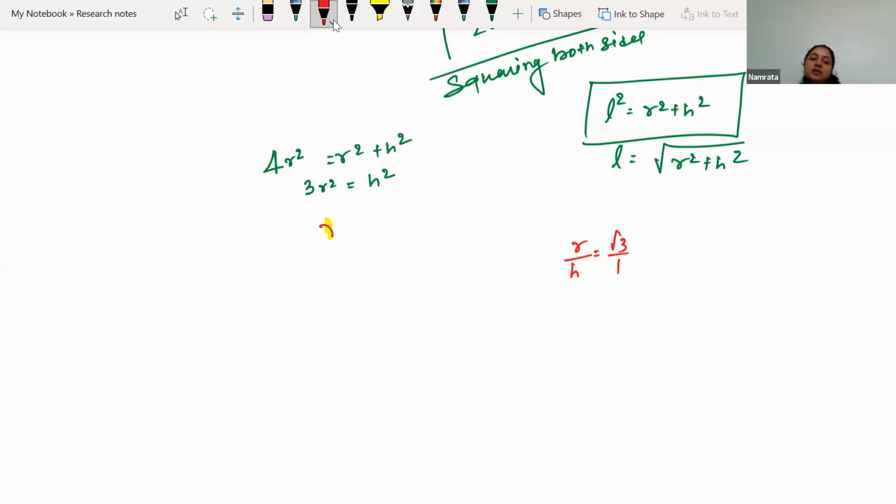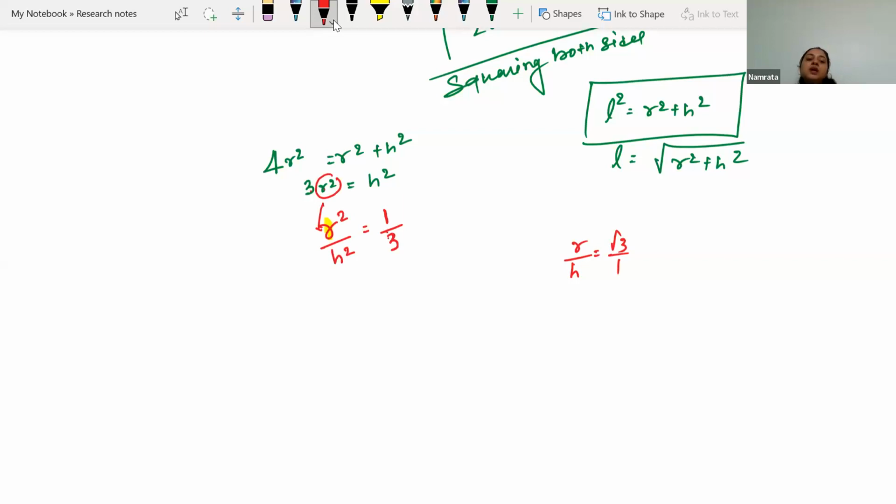Let's see. R square I am keeping over here. H square I am just taking over here. Crisscross multiplication. There what is remaining? 1. But this 3 I am sending to the other side. Can you see it? This r square I have kept over here, and 3 I have sent to the other side.